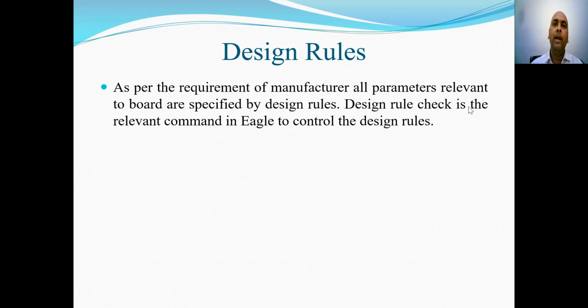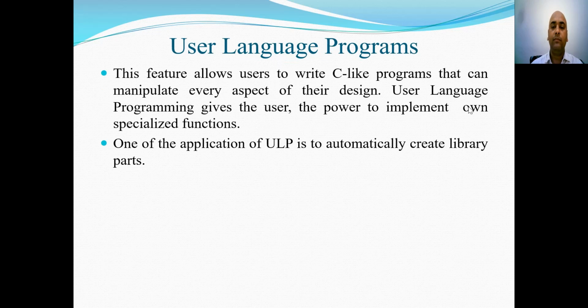As per the requirement of the manufacturer, all parameters relevant to the board are specified by design rules. Design rule check is the relevant command in Eagle to control the design rules.